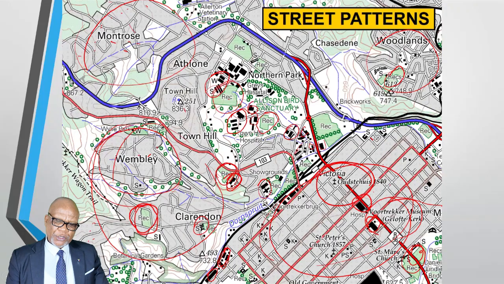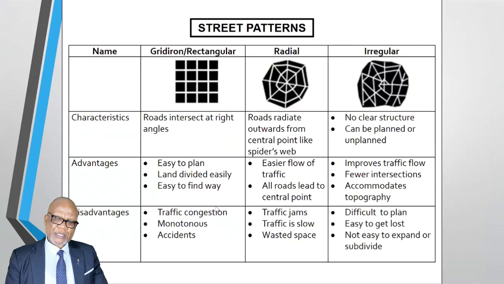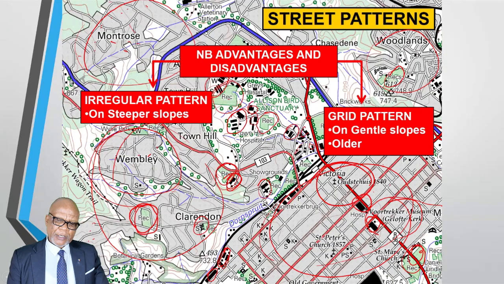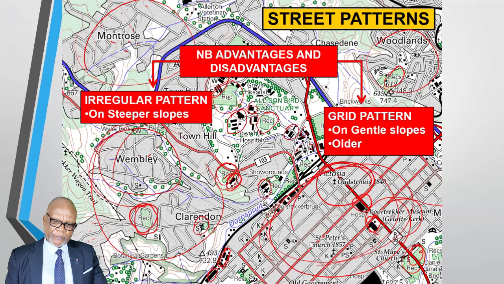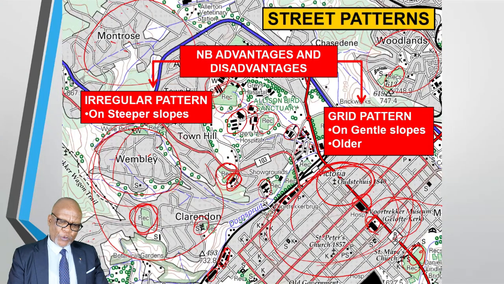But now, in theory, when you're looking at this, you are going to see something like this. So this is a grid iron pattern. This is how grid iron pattern looks like on the topographical map. And this is irregular pattern, and this is how irregular pattern will look like on the map. So this is map application of the internal structure of the urban areas.